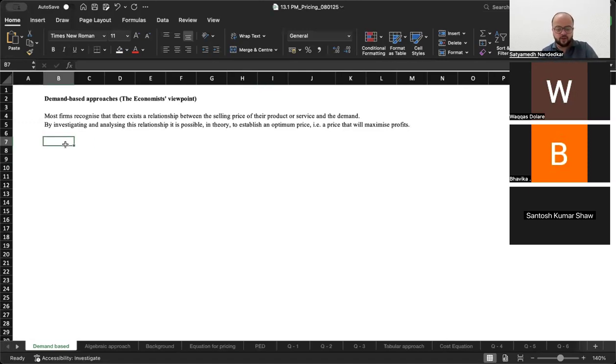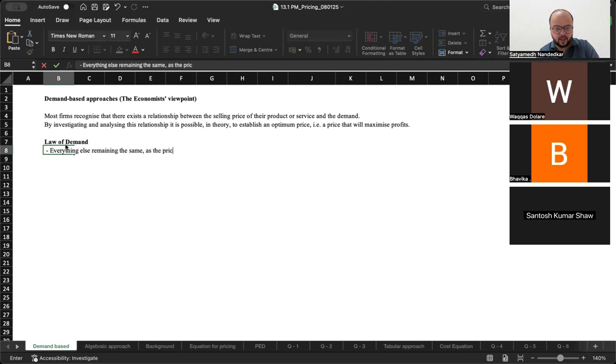Now, what does the law of demand say? The law of demand says that, everything else remaining the same, as the price of a commodity increases, the quantity demanded decreases.